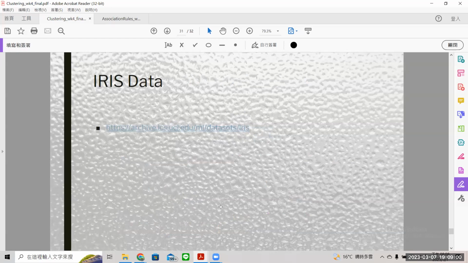Before we go into the tree diagram, we also give you about 4 minutes to try this data. This is the iris data. Let's take a short look at this one.